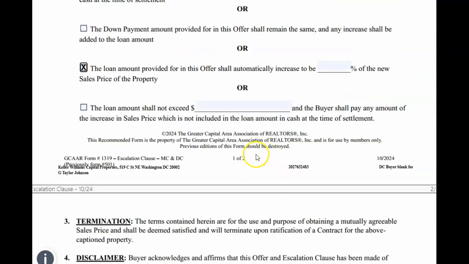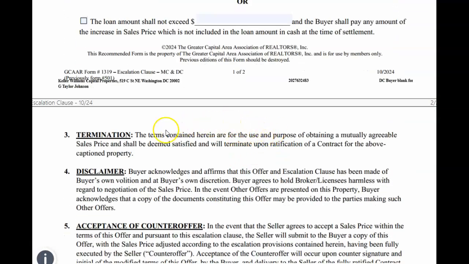And it will terminate if there's no mutually agreeable price. Buyer acknowledges and affirms that this is an escalation clause that they're making of their own choice. Now, certainly as your agent, I might suggest it and suggest terms to you, but you are always in the driver's seat and you make the choices.